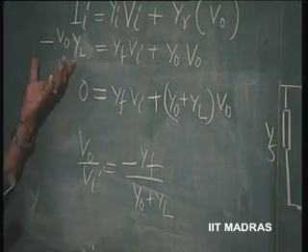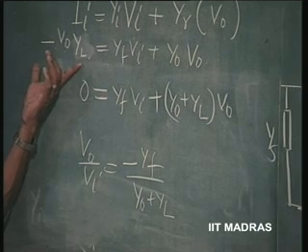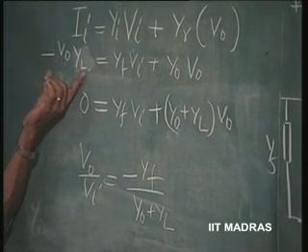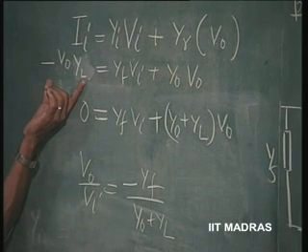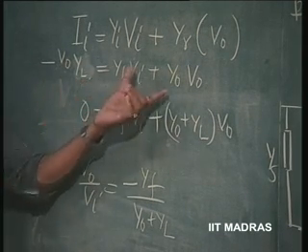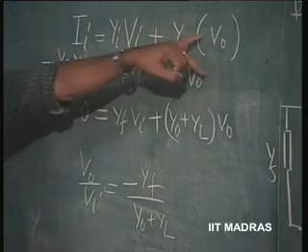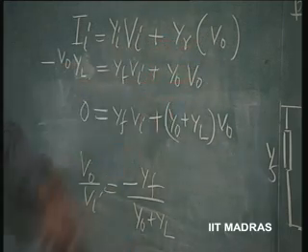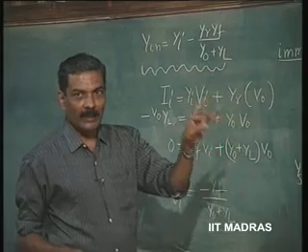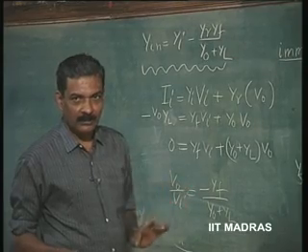That is, using the second equation and the information that this current I naught is equal to minus V naught into YL, we can get rid of one parameter here, I naught. So you get V naught over Vi this way, and that V naught we substituted here and got Y in as Yi minus Yr Yf by Y naught plus Yl.